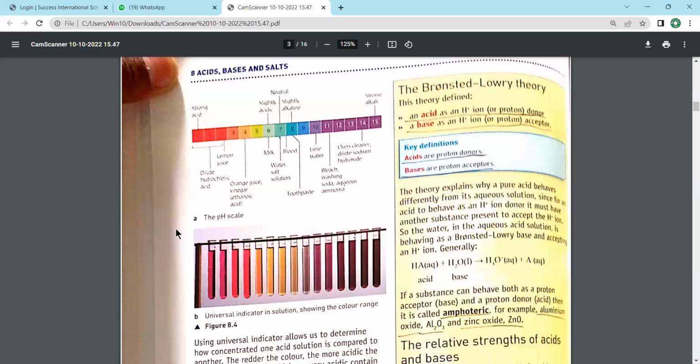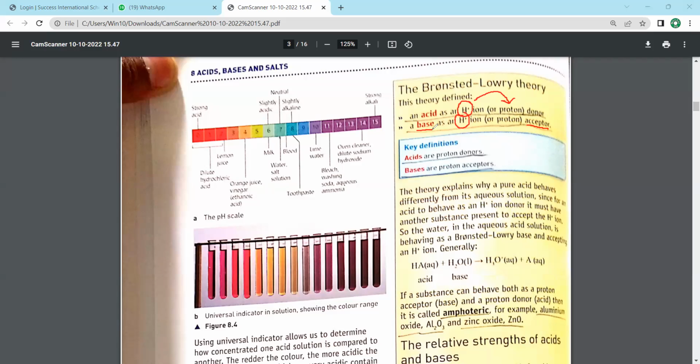Okay, so an acid is an H positive ion or proton donor. Any substance that donates H positive ion, we call a proton donor. Now, what is a base? The one who receives this H positive ion, the acceptor of H positive ion, we name as a base. For example, you have a book and I want a book from you. So you donate the book and I am the acceptor.